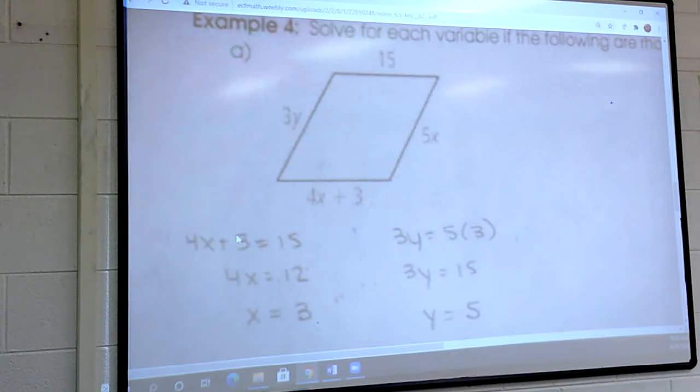Okay? Now, a little bit trickier in B, you have one side that has an x, and the other sides have y. So we want to pick two of the sides that have y and set them equal to each other so we can find what y equals. Once we find what y equals, we can figure out how long one of the sides is, and then find x.